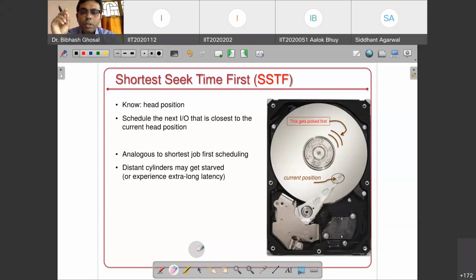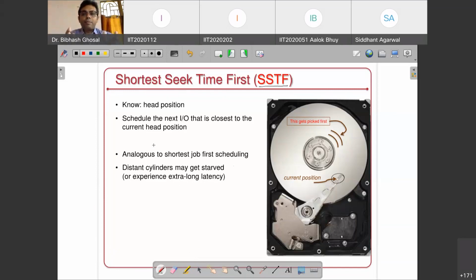So what are the different algorithms that have been developed to reduce the seek time? The first among them has been written as SSTF. It stands for shortest seek time first. What is it?